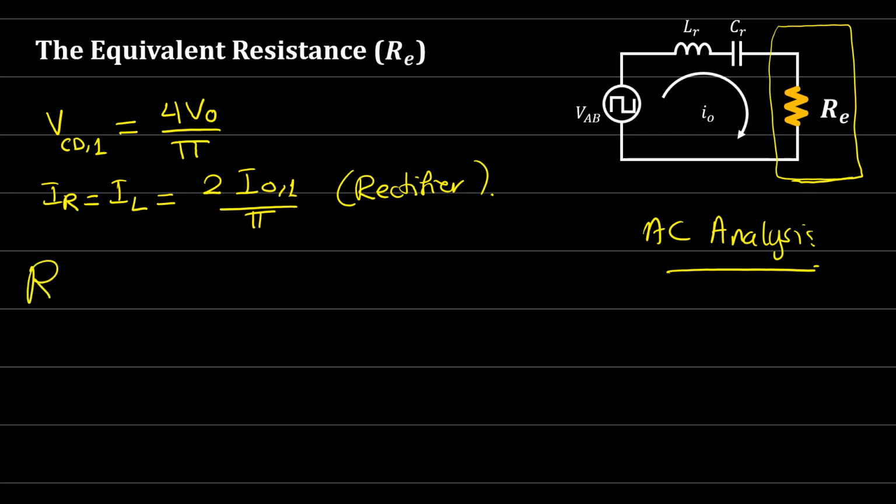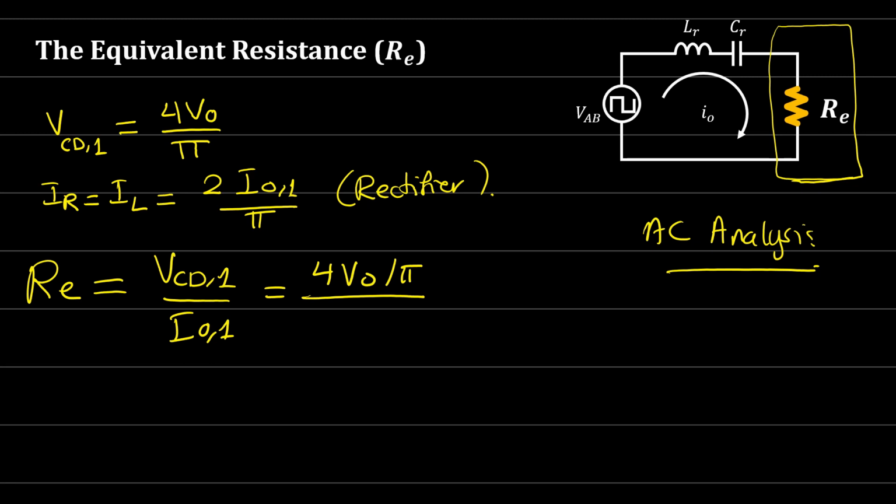Now by definition the equivalent resistance is equal to how much? We can say that V_CD1 over the output current I_O1, right? This is already obtained, which is 4 V out over pi, and the output current is equal to how much?